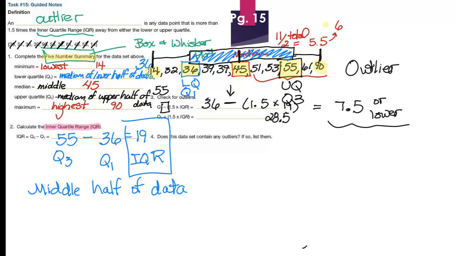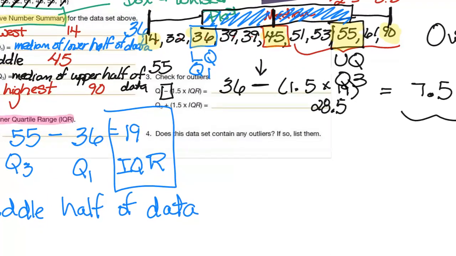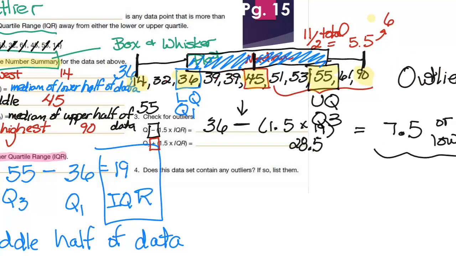Now, we can also do that and have it on the upside. And that is quartile 3 plus, because it's going to be higher. Quartile 3 is 55 plus 1.5 times your IQR, 19. We already said that's 28.5.